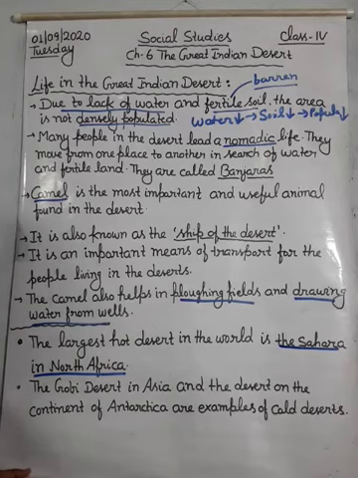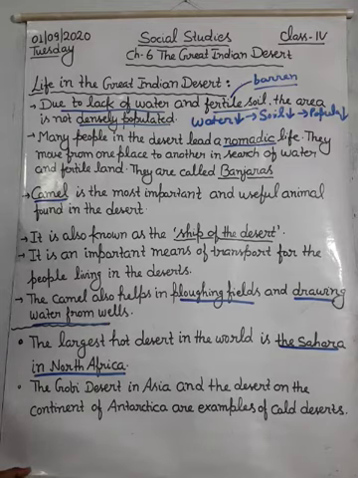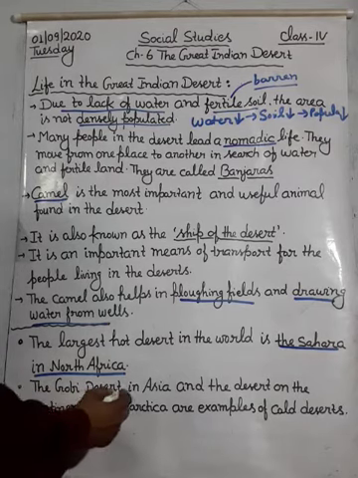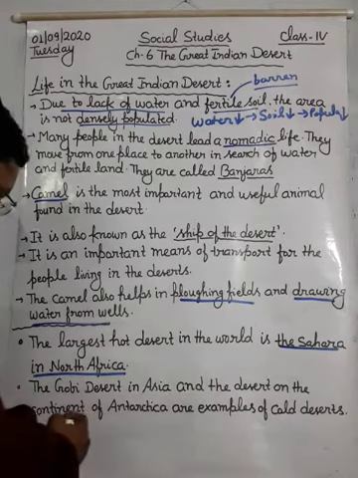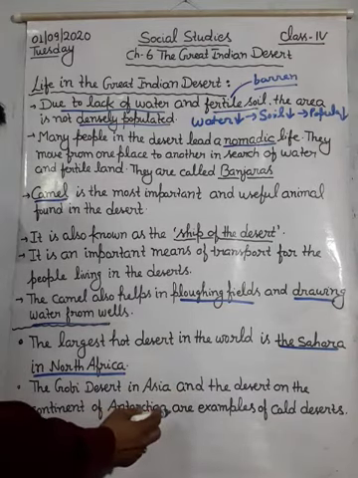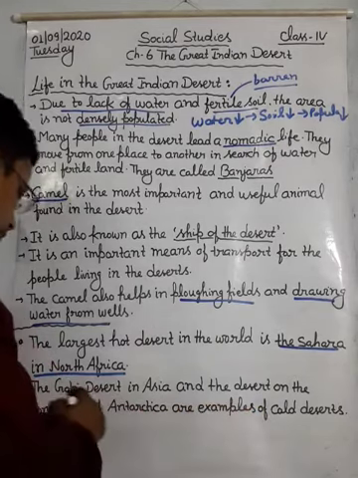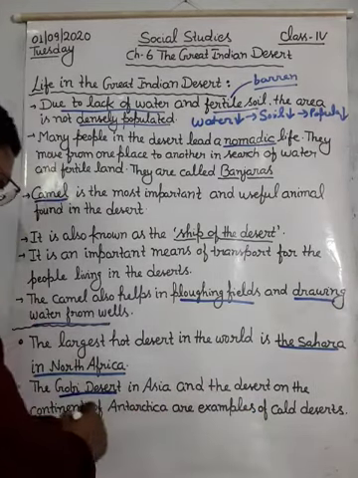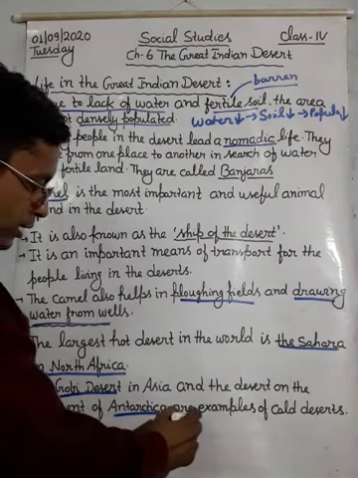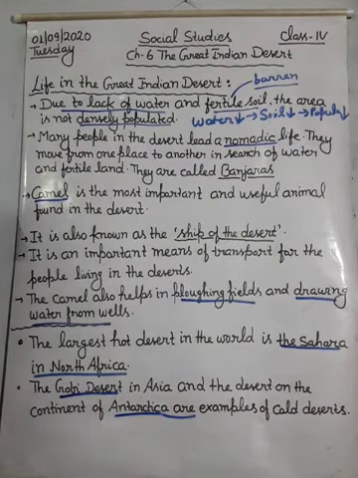The Gobi Desert is in Asia, and the desert on the continent of Antarctica are examples of cold deserts. So the Gobi Desert and the desert on the continent of Antarctica are examples of cold deserts.